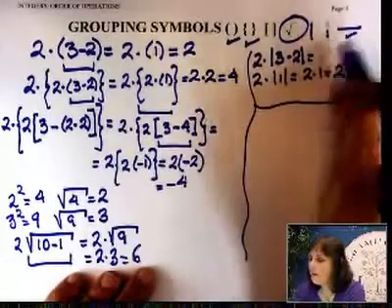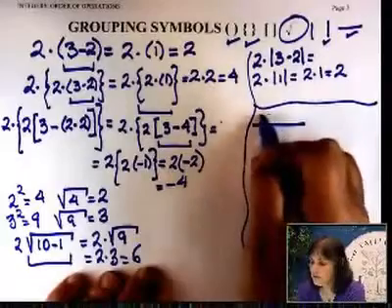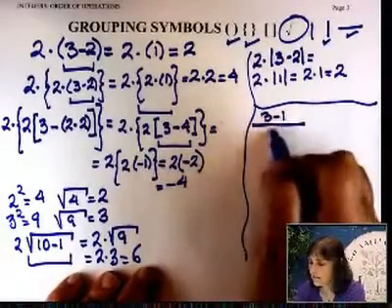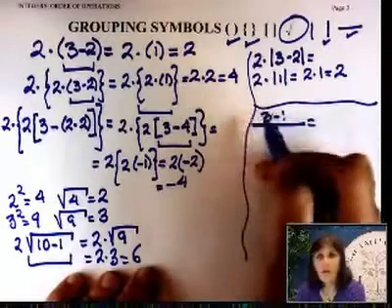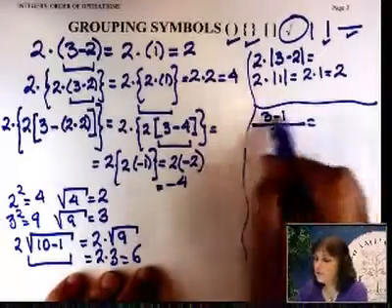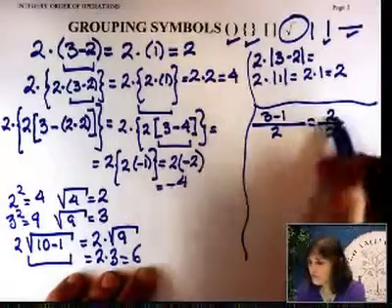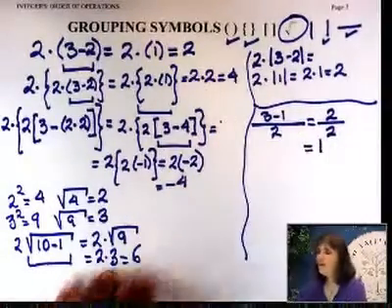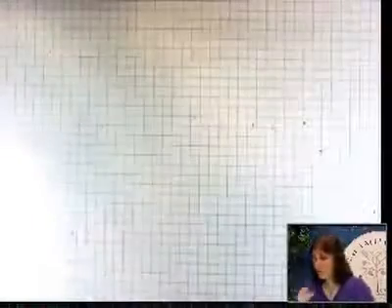How about the fraction bar? If you have a fraction bar, it means this. Something like that. You do what is on one side of the fraction bar first. 3 minus 1 is 2. And that's a grouping symbol. 2 divided by 2 is 1. So pay attention doing those grouping symbol ones first.